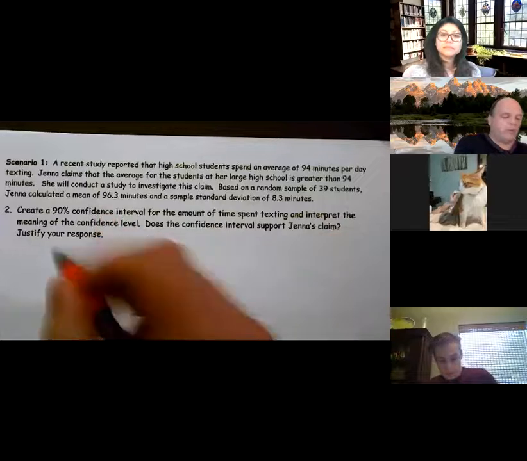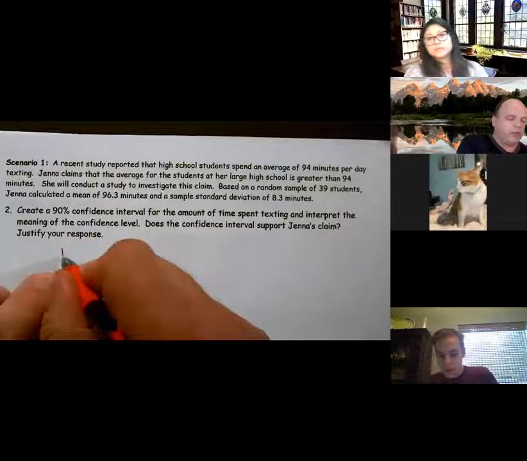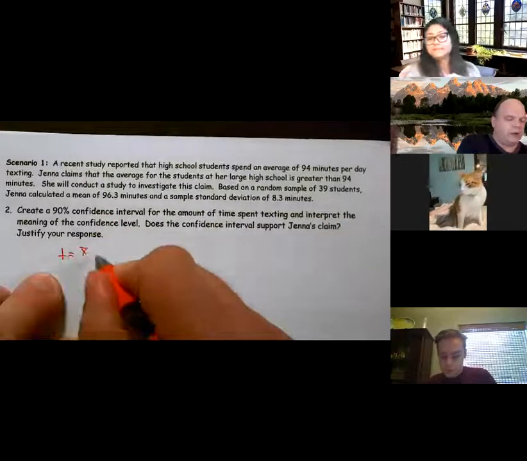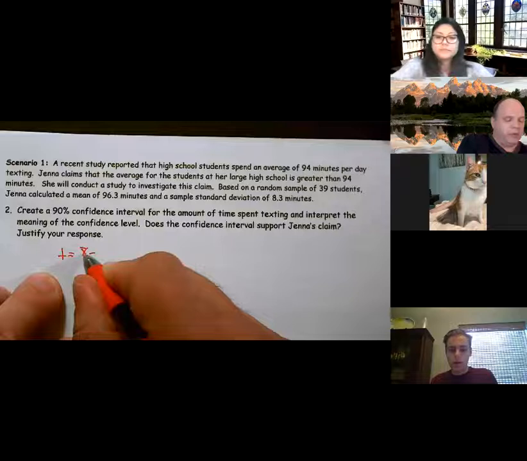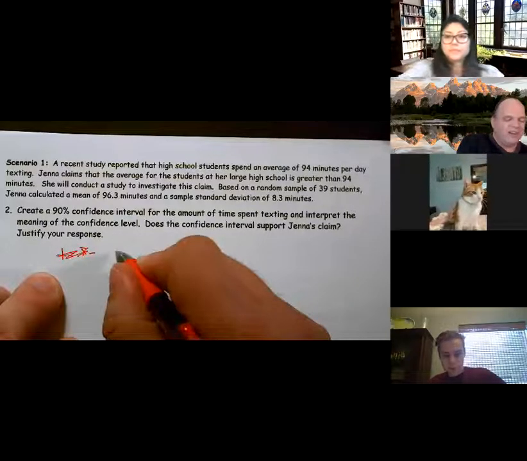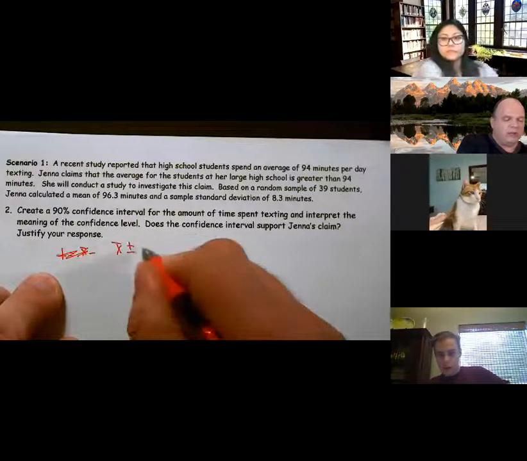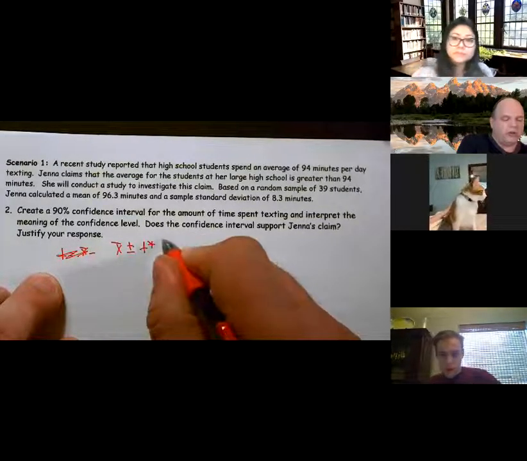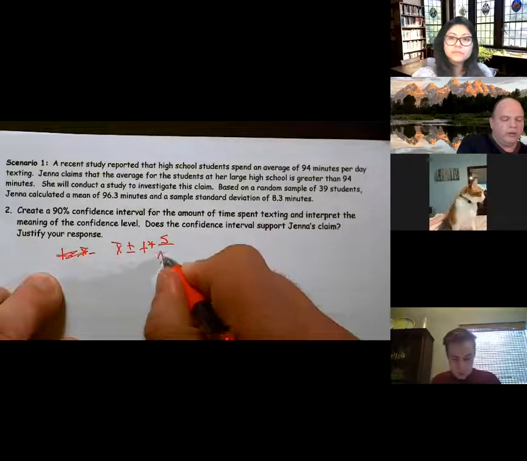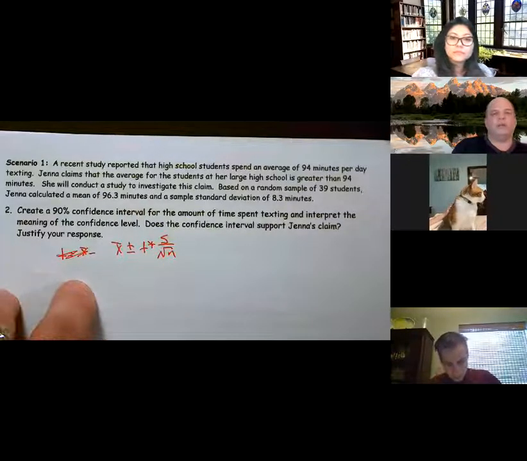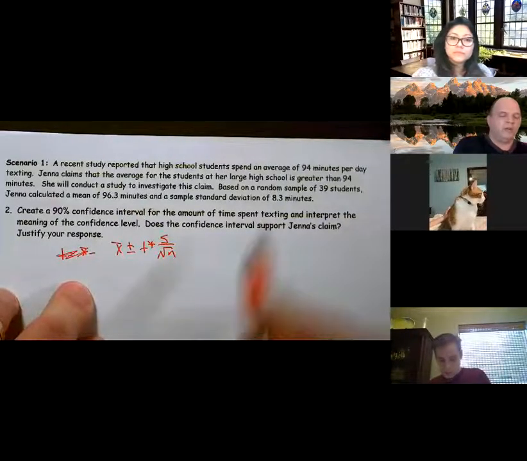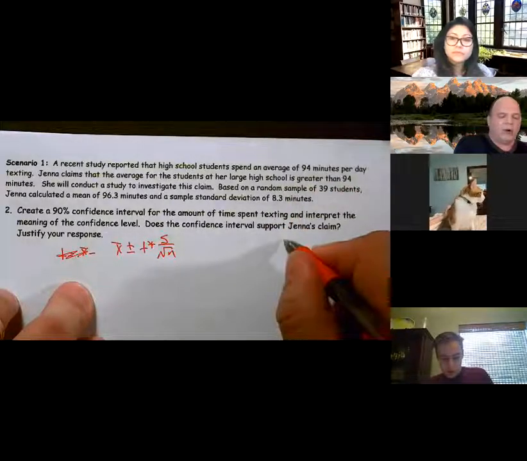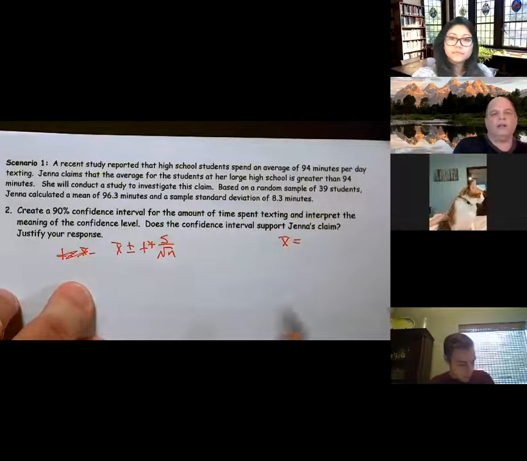The formula for a one sample confidence interval is x bar plus or minus t star s divided by the square root of n. Please always identify your x bar.